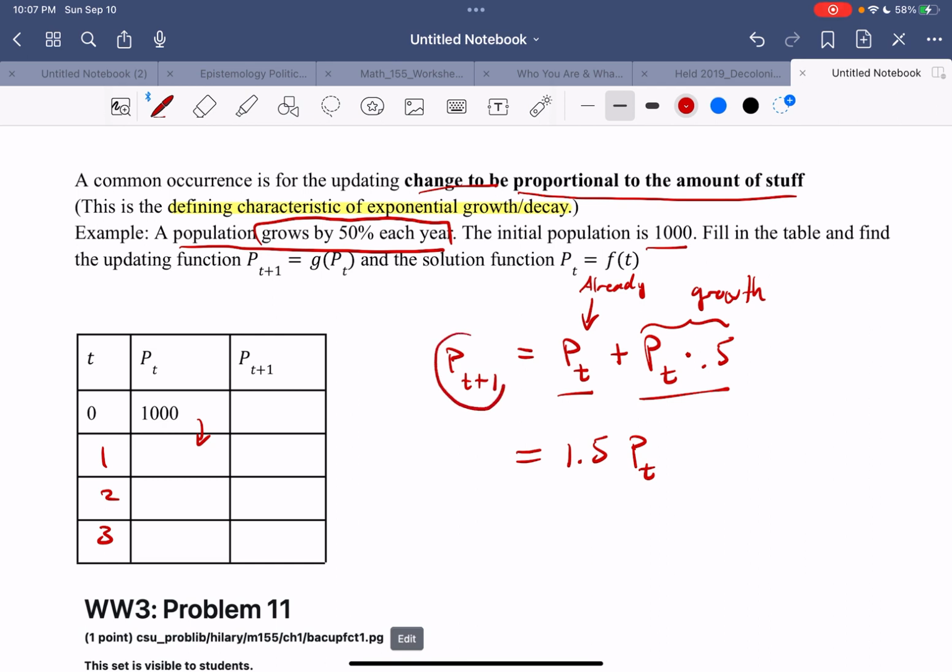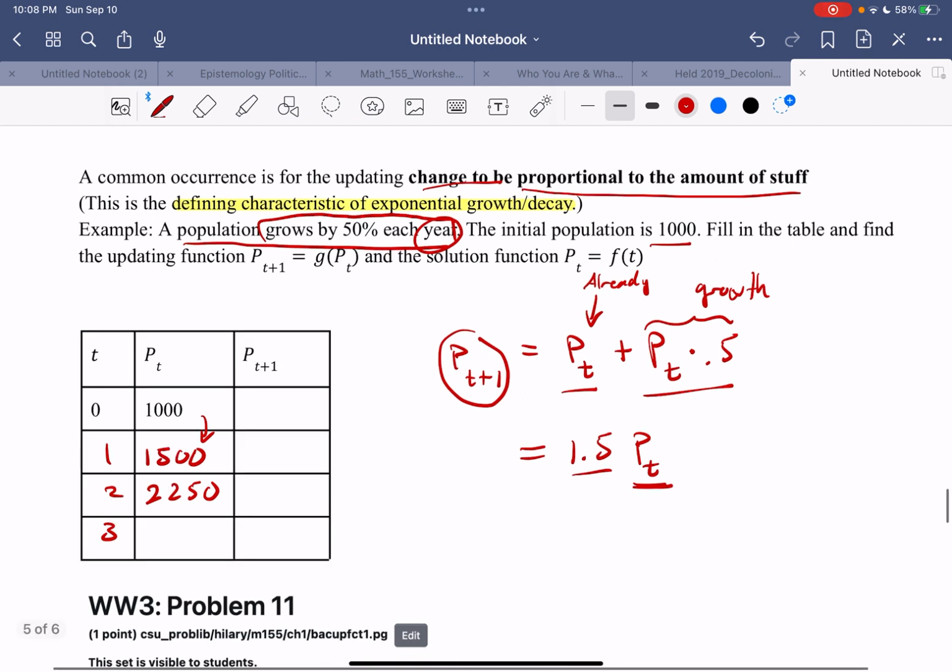So my population 1 year later is my old population times 1.5. So 1.5 of 1,000 is 1,500. 1.5 of 1,500, oh goodness. Let's see. Half is 750. So I guess we got 2,250. Half of that, oh my goodness. Add 125, that's 375. Add 1,000 is 3,375. I hope that's right. I don't know.